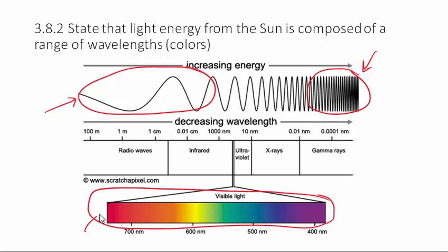You can see that red wavelengths are very low energy, and violet is very high energy. Remember, in physics class you probably learned Roy G. Biv to remember the order of the light in the visible spectrum. It's red, orange, yellow, green, blue, indigo, violet.